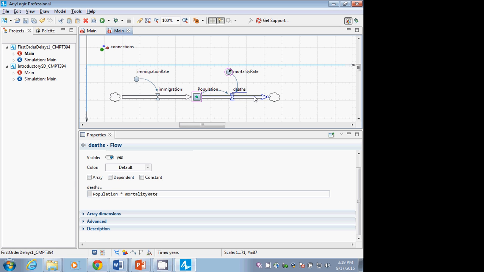Okay, on the right-hand side, we have deaths, and deaths is given by what? Population times mortality rate, right? So, please, folks, characterize for me at what population, and what is the mortality rate here? It's 0.02, right? At what point will this thing be true?